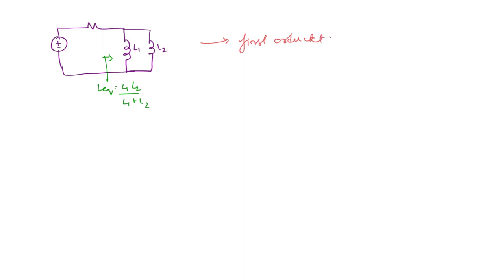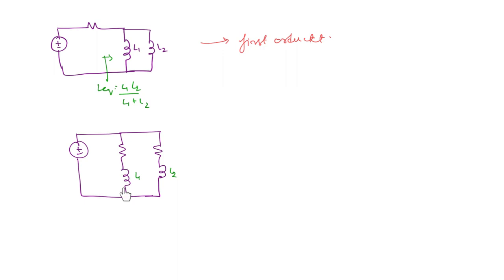But now consider the case where you have a resistor and an inductor here, and another resistor and another inductor here. In whichever way you see, you cannot combine both of them. These two inductors, L1 and L2, cannot be combined to get an equivalent inductance. If you look through the open circuited terminals of this inductor, there will be another inductor here.